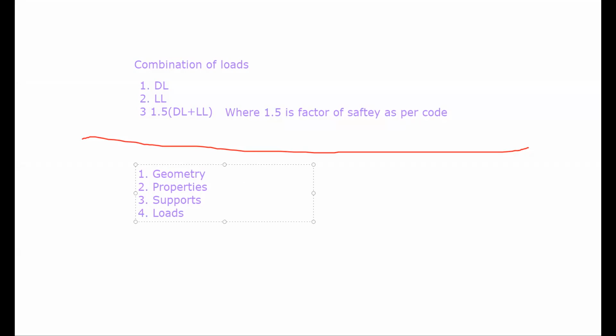So after giving the loads, what is the next step? Again, in loads, we have given point loads as dead load, then P as live load, and C as combination of loads.